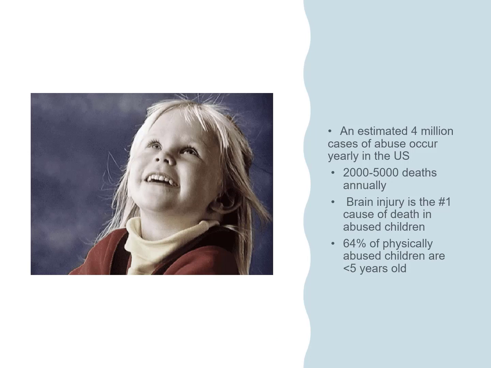An estimated 4 million cases of abuse occur yearly in the United States, which results in 2,000 to 5,000 deaths annually. Brain injury is the number one cause of death in abused children, and 60% or 64% of physically abused children are under the age of 5 years old.